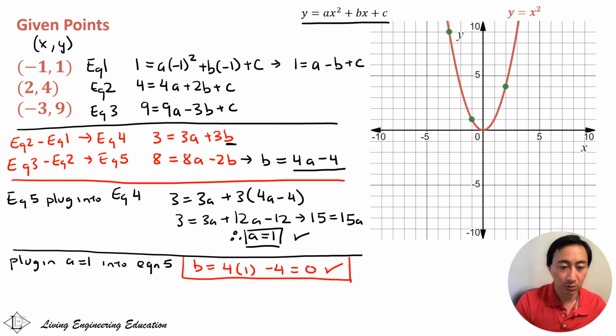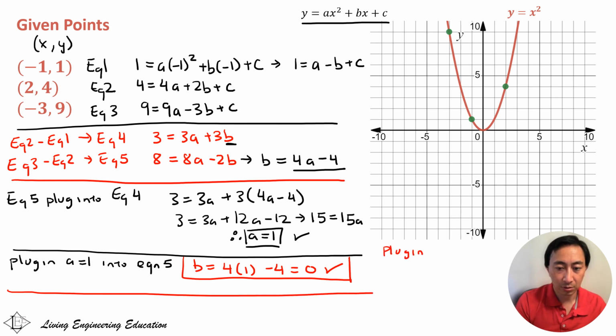Now finally, we have to plug in both A and B into either equations 1, 2, or 3 to solve for C. Right? So last step, let's do it over here. Plug in A equals 1 and B equals 0.